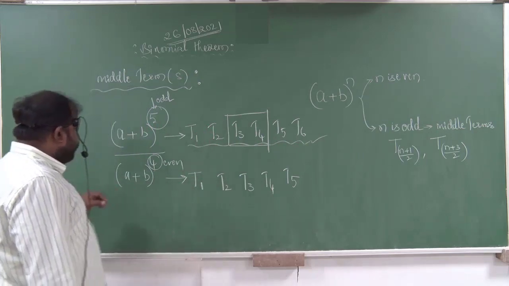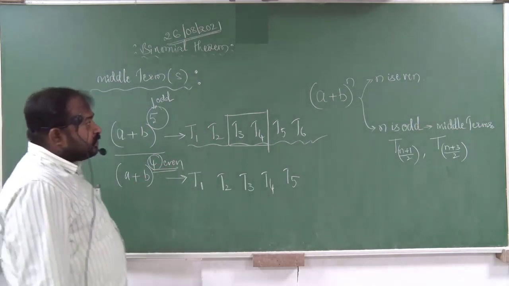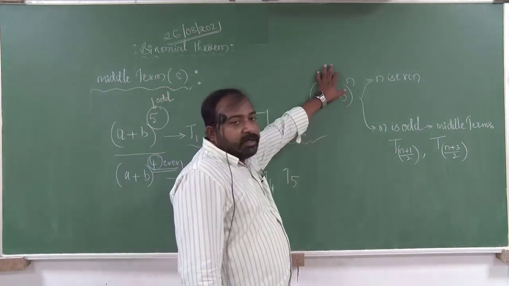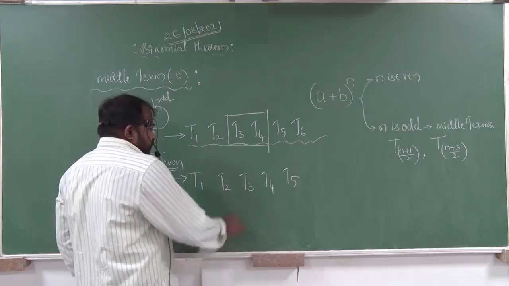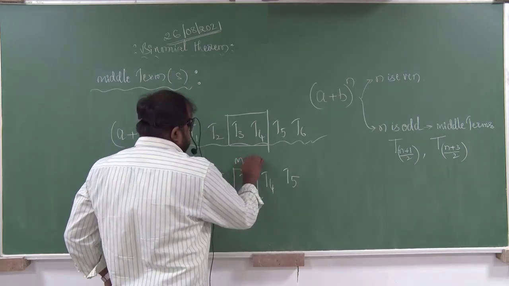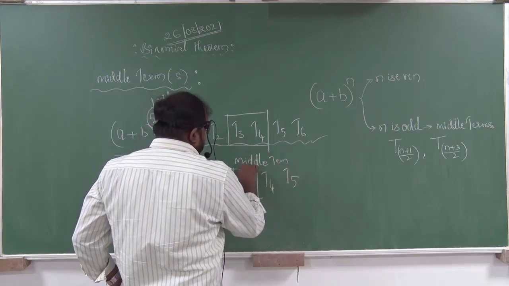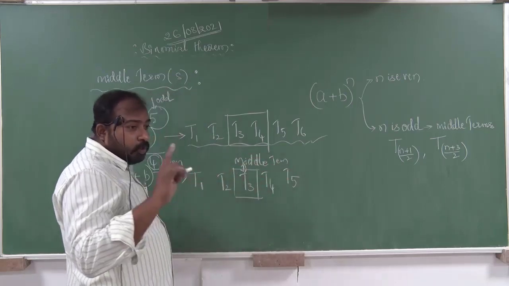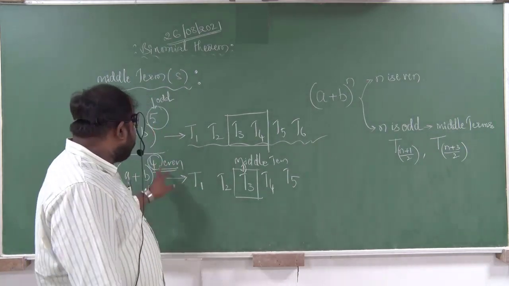Second case, for example, n is even. In the expansion (a plus b) whole power n, if n is even, if n is given directly, strictly we can say this is the middle term. So only one middle term exists. And what is the formula here?